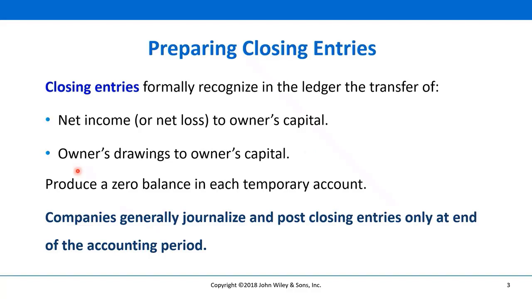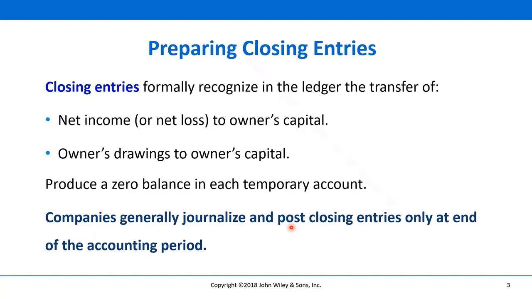And what is the effect if we do that? After doing all the 4 journals, the balance in every temporary account, the revenue, expense and drawings account, will be 0. A company normally prepares, journalizes and posts closing entries at the end of the accounting period.